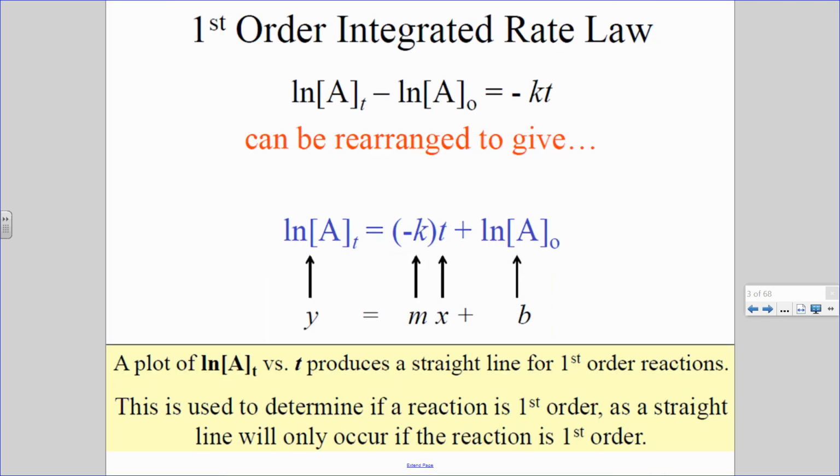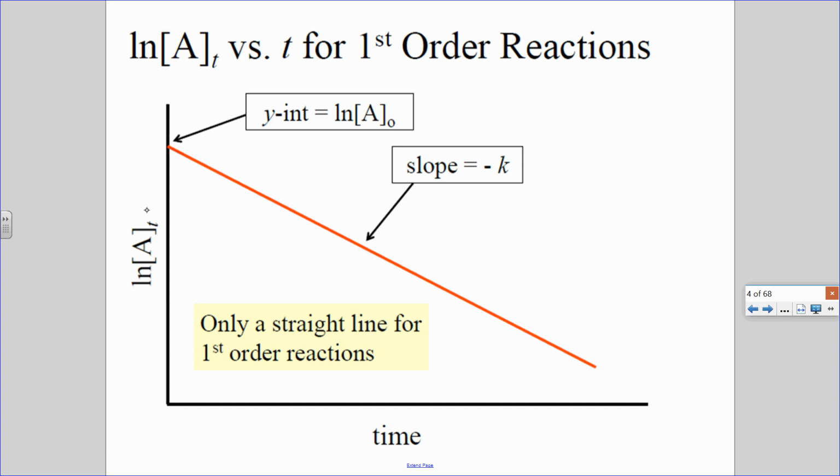Now, the reason they do that is, if you take this equation and rearrange it, you can set this up in y equals mx plus b form. If you make your y-axis the natural log of the concentration, and your x-axis the time, you get a straight line. The slope of that line is k.